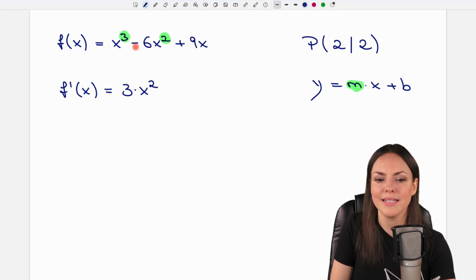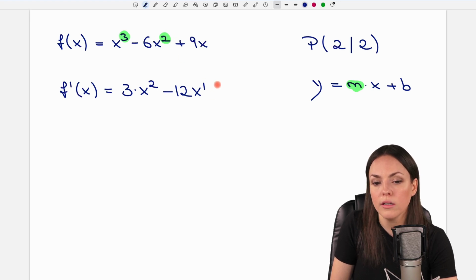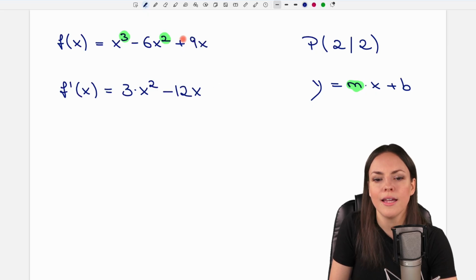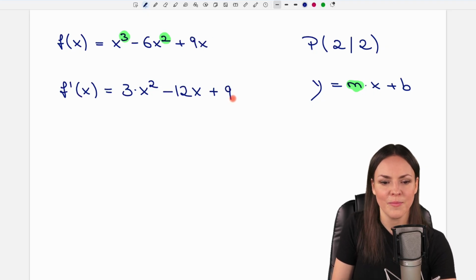So 2 times negative 6 equals negative 12. And then we decrease our exponent by 1. Instead of the 2, we have a 1 here, or we don't have to write anything. And here the same rule, although there is some faster way to do it. If you only have an x in here, this x will vanish and only the 9 will be left. This is our derivative.